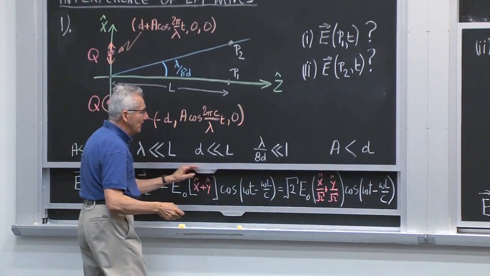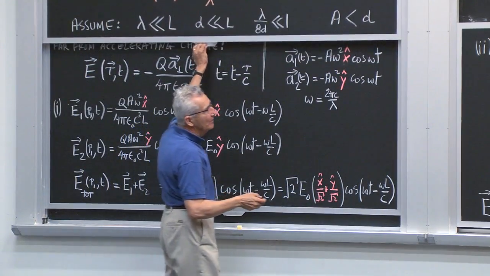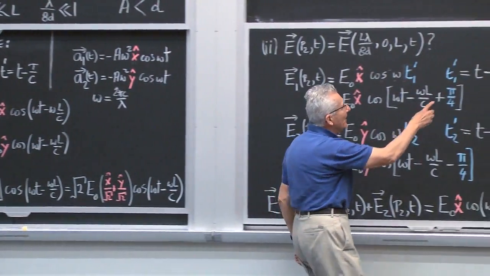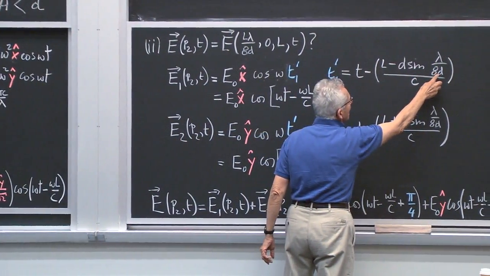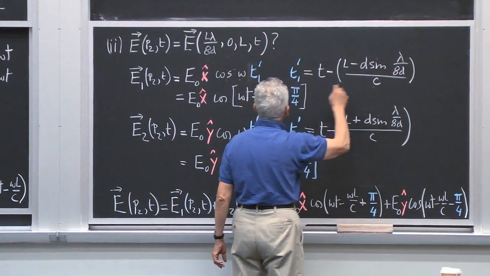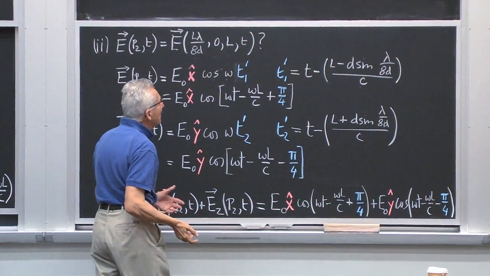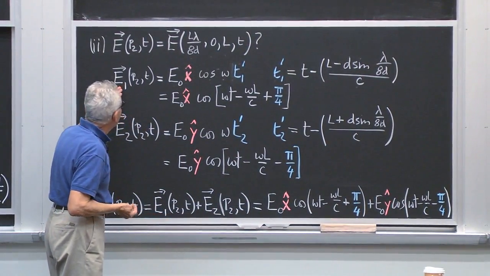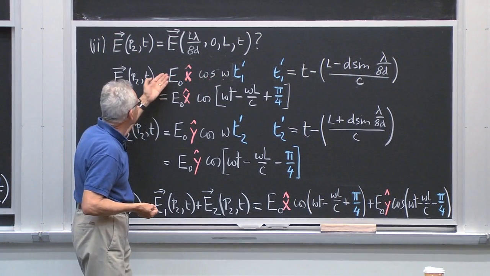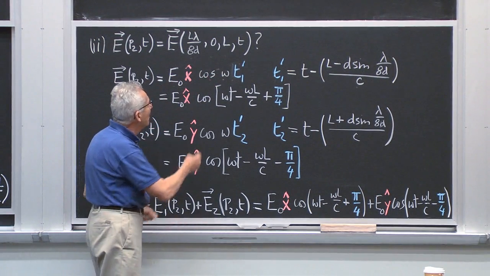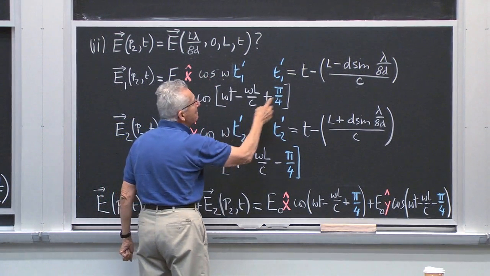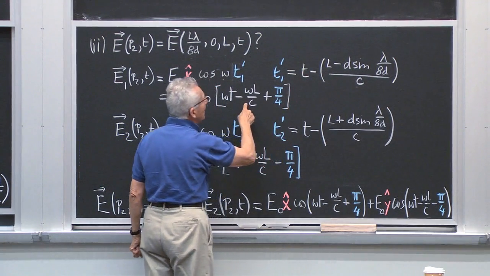Okay? So that's what I'm calculating there. So this is L minus d sine lambda over 8d, divided by c. Then the electric field immediately follows from this. It's easier in the x direction. Cosine omega t minus this, okay?